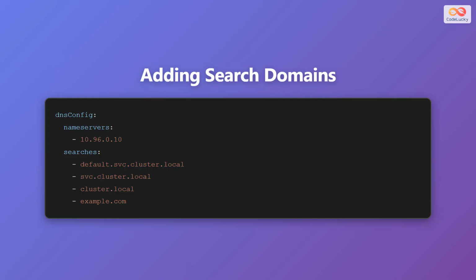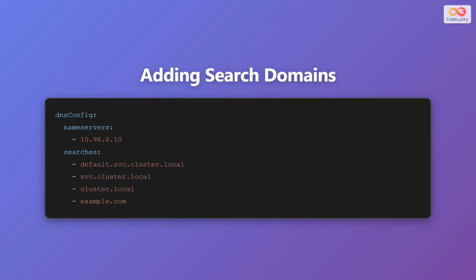Now let's see how to add search domains to your DNS configuration. In this example, we specify a nameserver at 10.96.0.10, which is typically the cluster DNS service. The searches field contains a list of domain suffixes that will be tried when resolving unqualified hostnames.